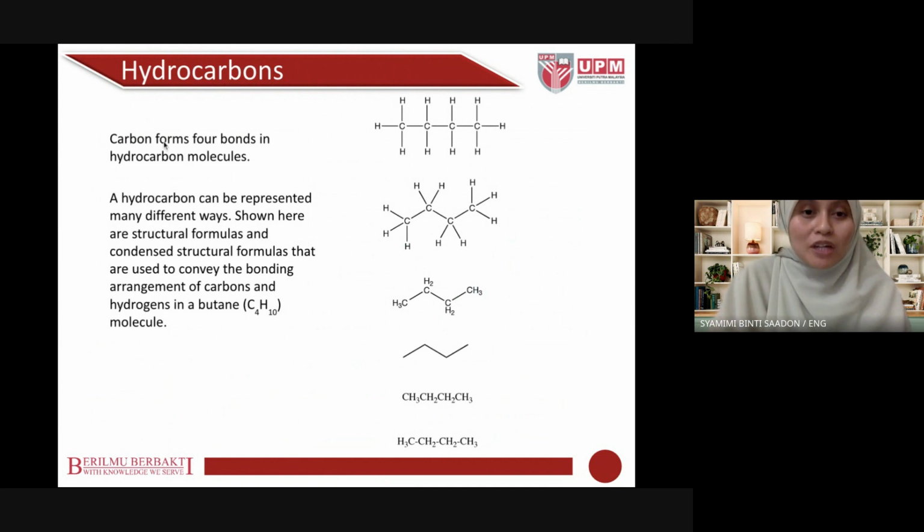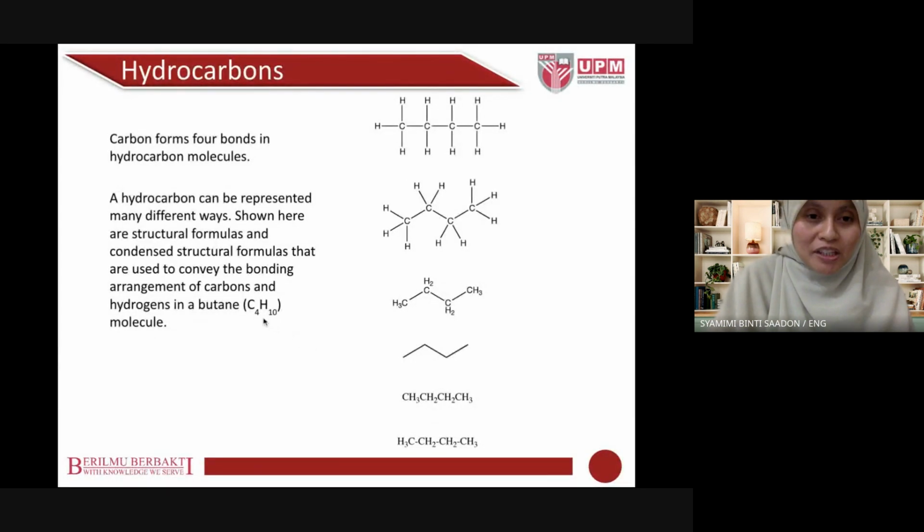Carbon forms four bonds in hydrocarbon molecules. For example, this one is C4H10, a chemical compound, a molecule.